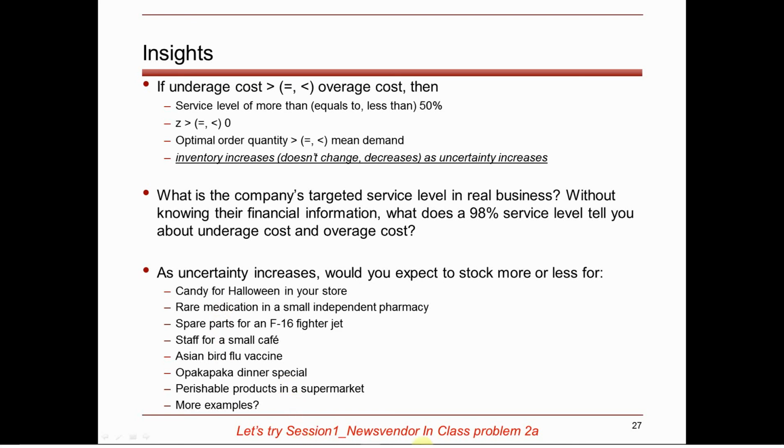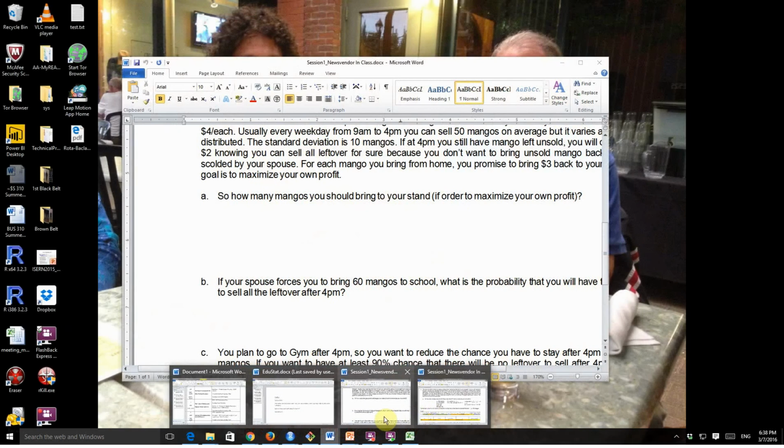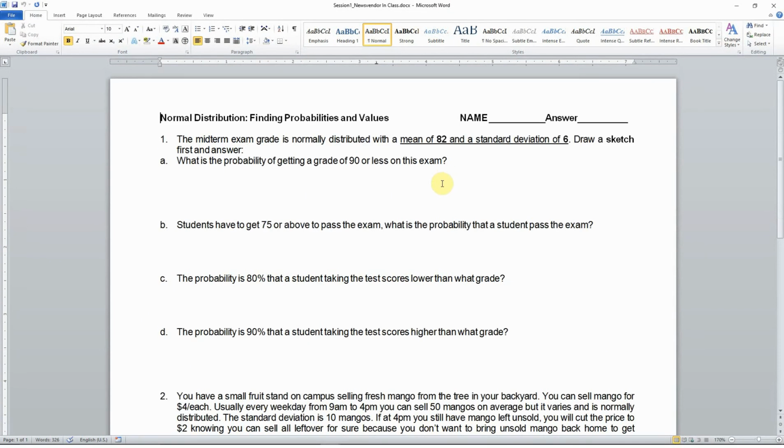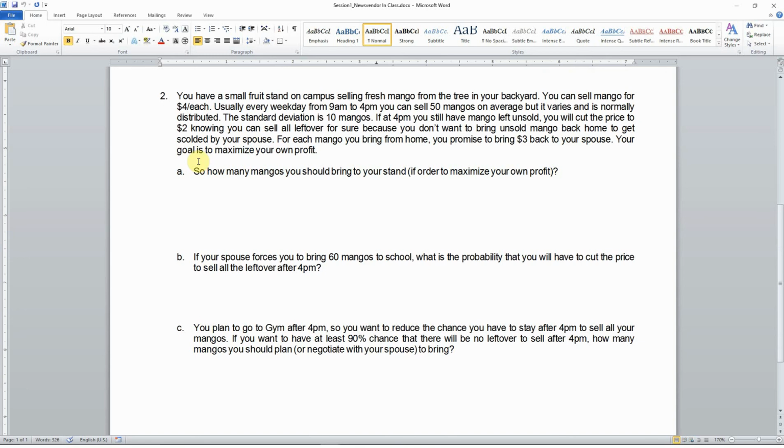Let's solve a particular one on our own here by looking at the Session 1 Newsvendor in-class problem 2A. So here it is. These are some class exercises. If you're unfamiliar with the normal distribution and finding probabilities and values, here are some practice ones, questions 1A through D. But we're going to go to 2A here.